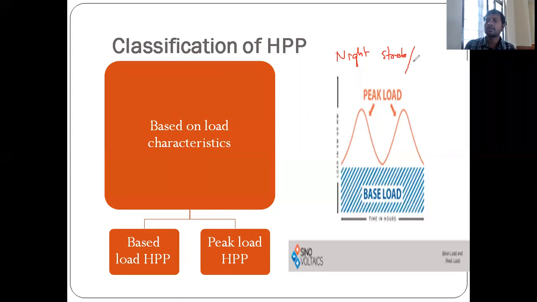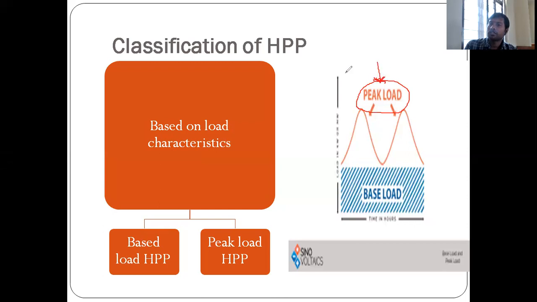For lighting purposes we need to turn on lights at our home during night time. So the loads which vary with respect to time are called peak loads.